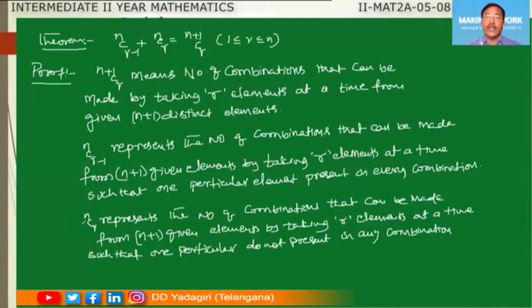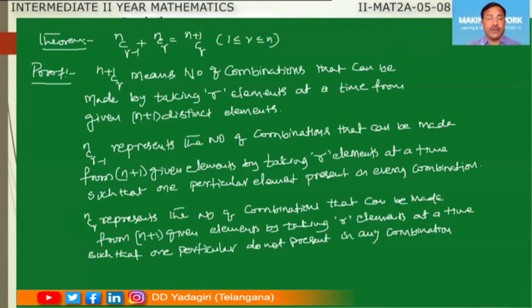Now if we choose the required r elements from those n elements, then no combination will contain that particular element. From the remaining n elements, how many ways can we choose the required r elements? nCr ways.